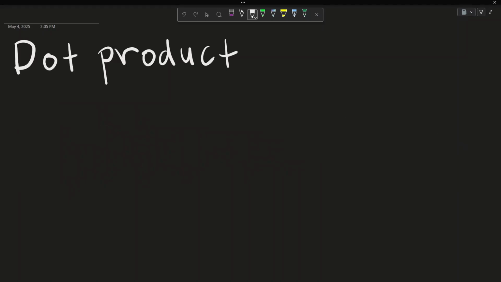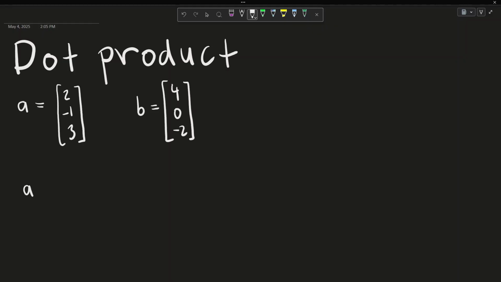Let's say we have vector A, which is equal to 2, -1, 3. Let's say we have vector B, and we'll set that equal to 4, 0, -2.